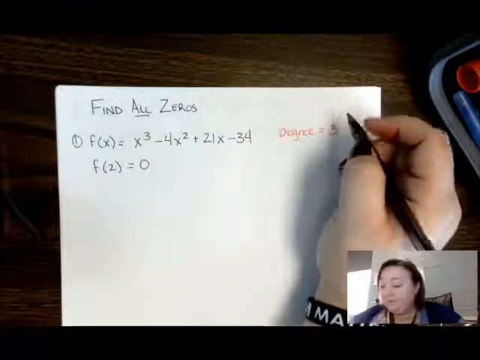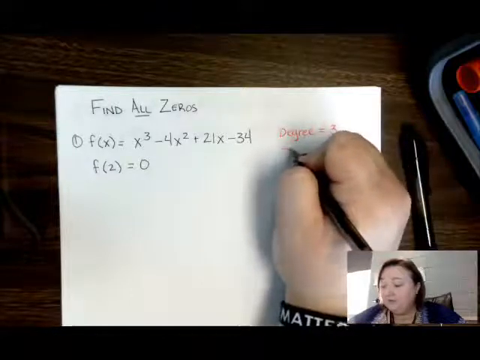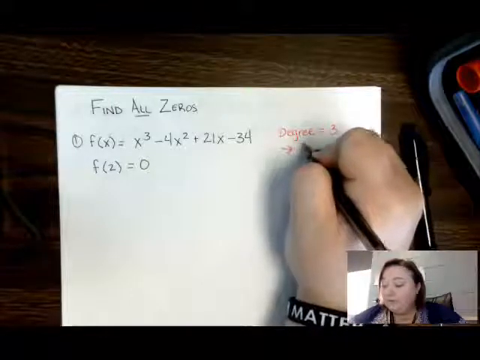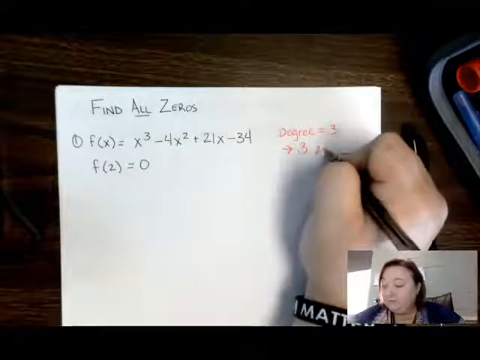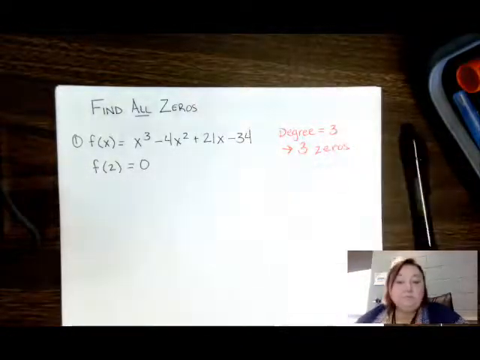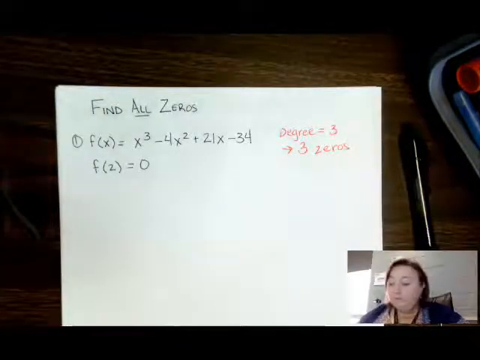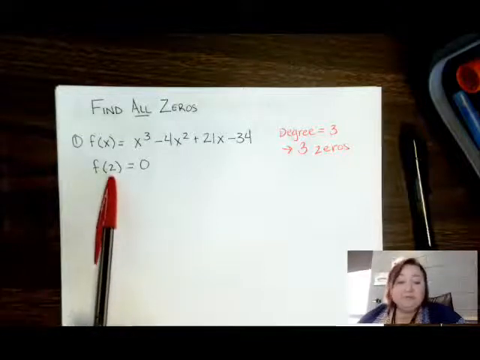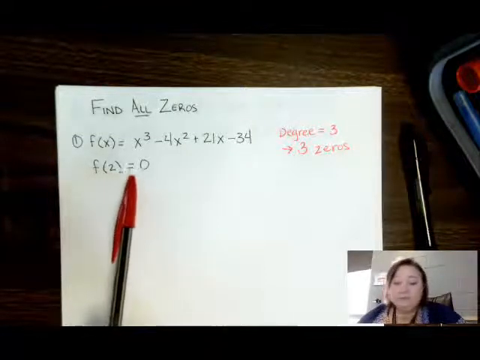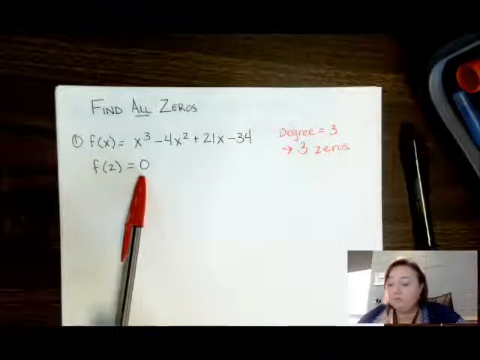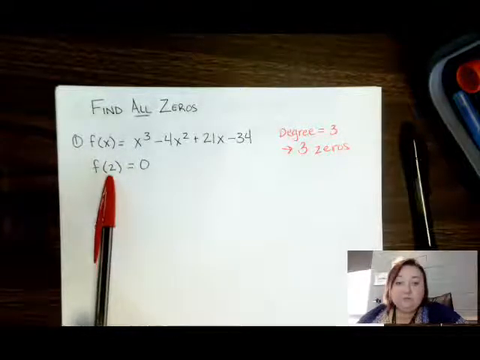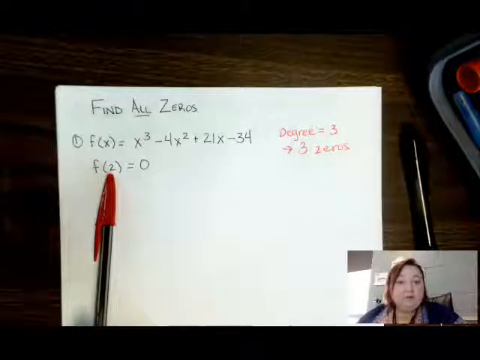Therefore, there are going to be 3 zeros. Okay? Now they gave us one of them. One of our zeros is 2. 2 gives us 0, so 2 is one of the zeros. But there's 2 more that we have to find.